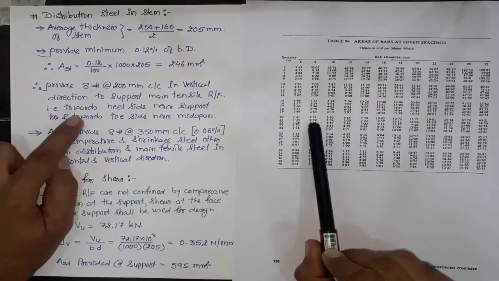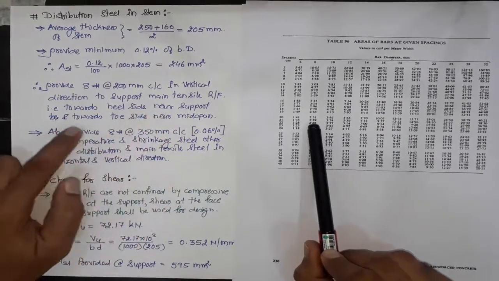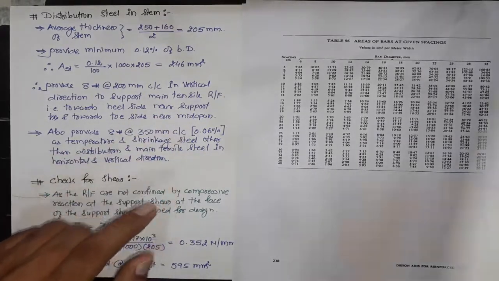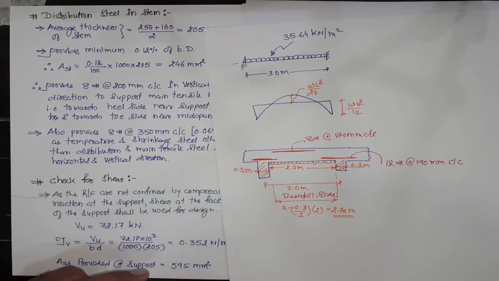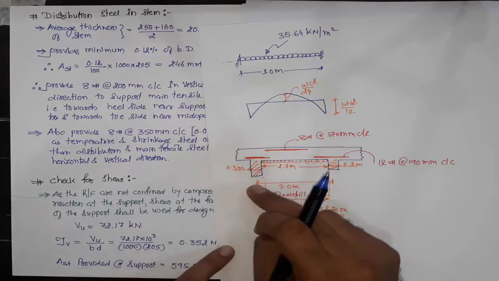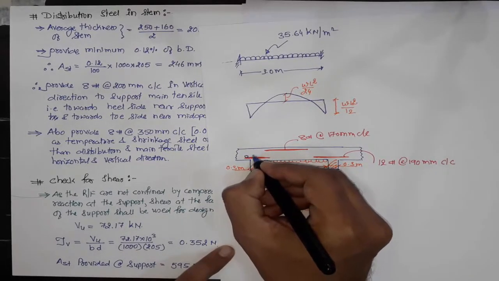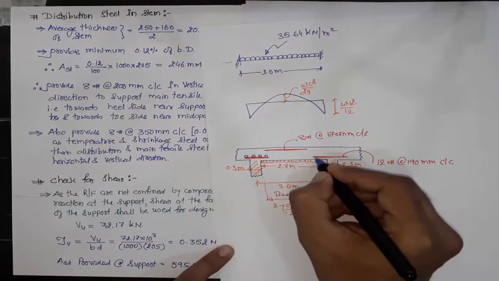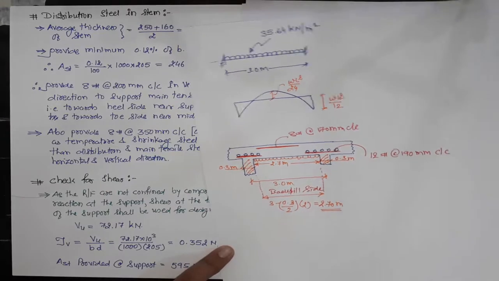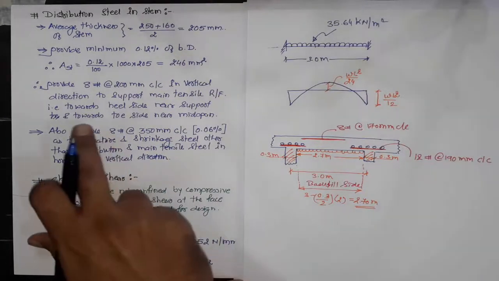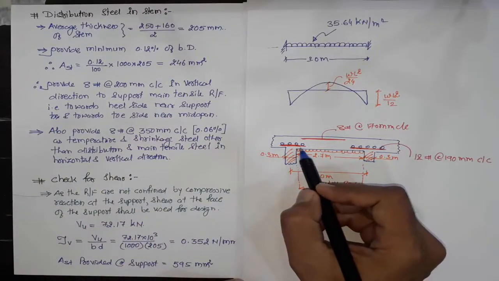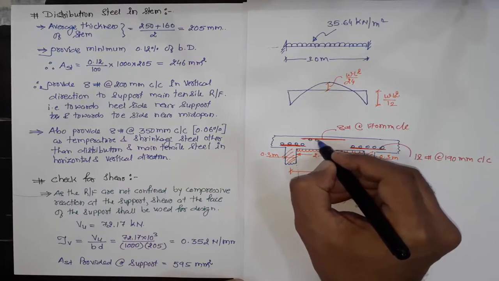This steel will be in a vertical direction to support our main tensile reinforcement. This will be towards the heel side near support and towards the toe side near mid span. That means here our distribution steel at support will be here, that is what I have written: towards the heel side near support, and towards the toe side at mid span.